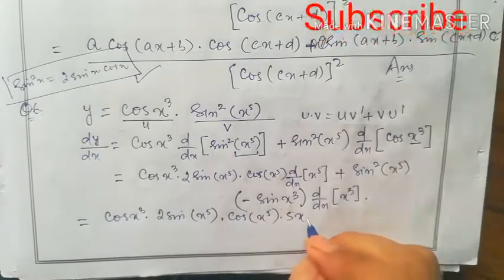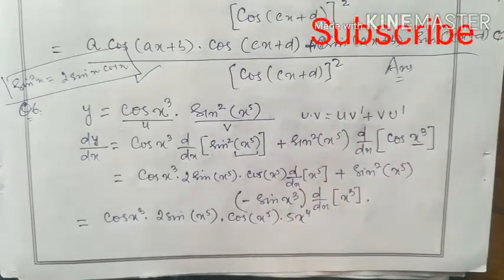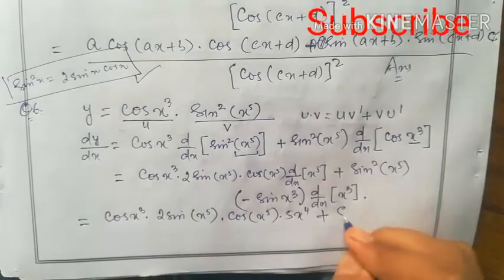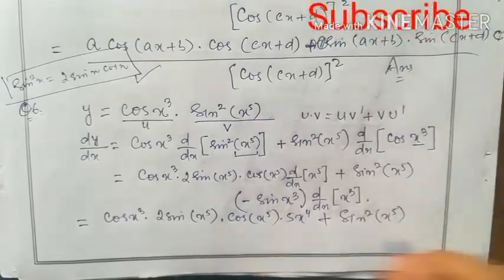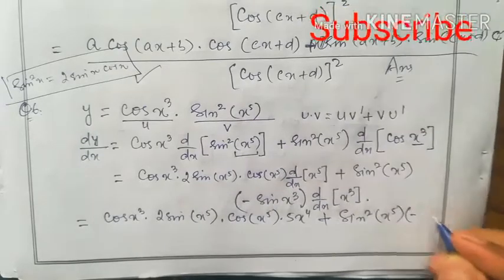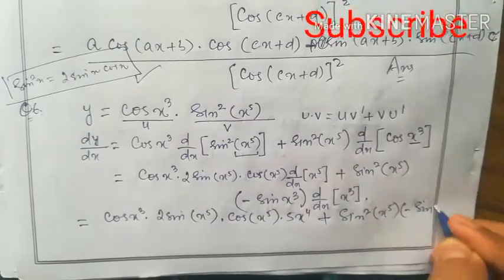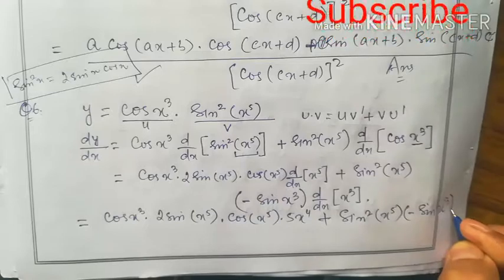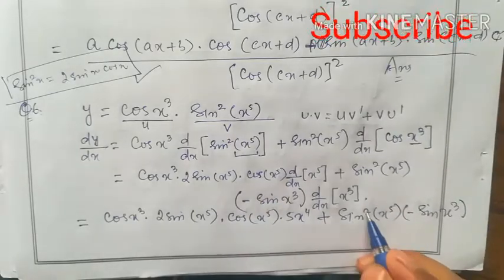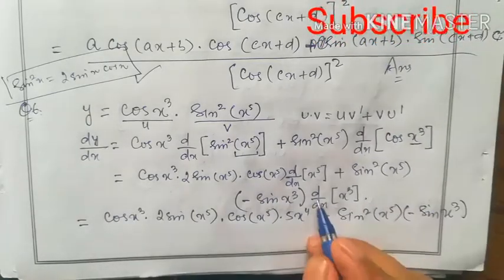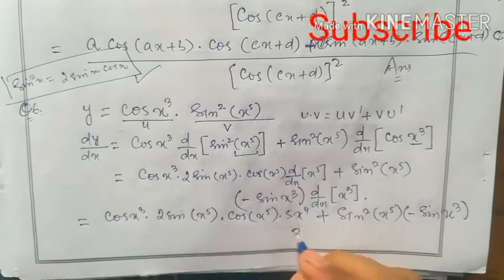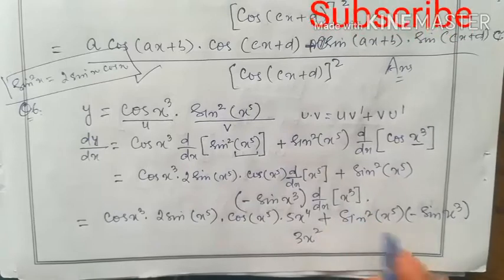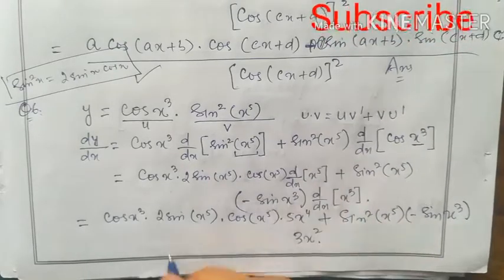So 5 minus 1 is 4, 5x 4, simple, plus sin square x 5 into minus sin x cube. Remember this thing, this is sin square, this is sin x cube. Differentiation of x cube is 3x square, because n x to the power of n minus 1. So this is our answer.